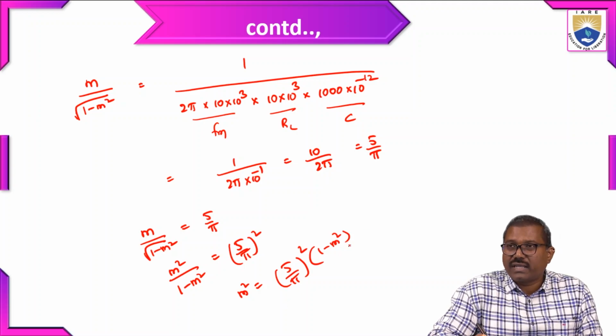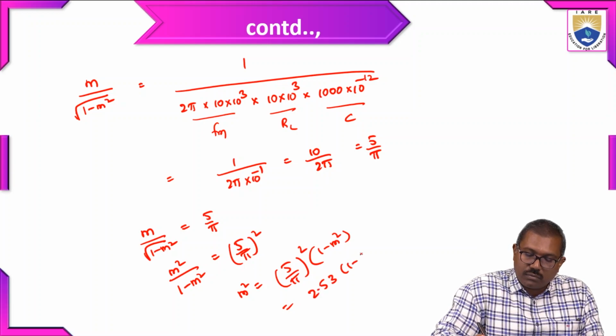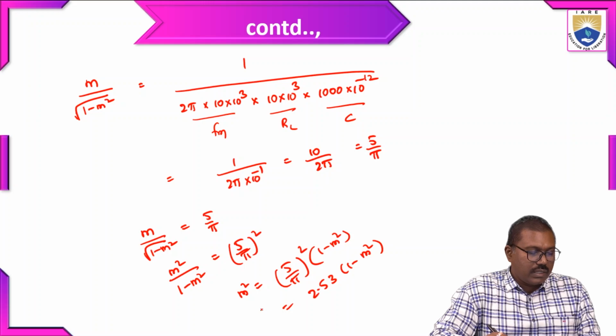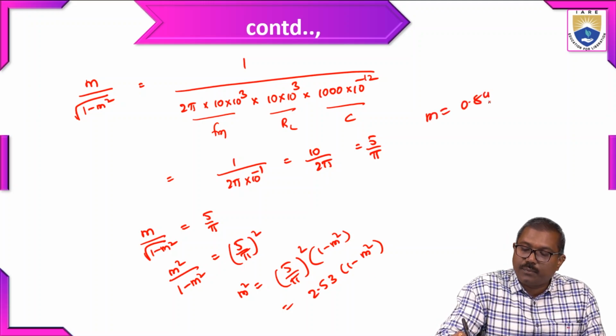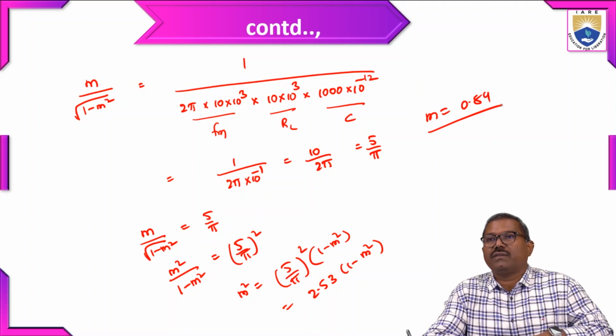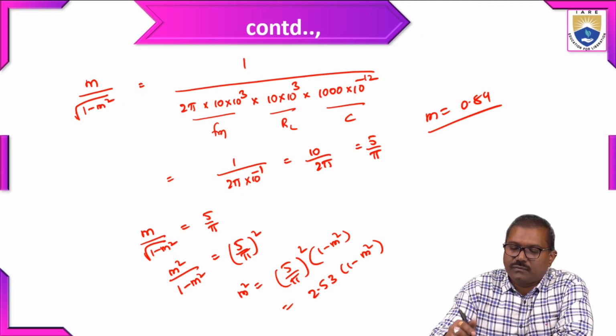Using the calculator, 5 by pi whole square is equal to 2.53 into 1 minus m square. Finally solving all this, m value is 0.84. So this is my maximum modulation depth value.